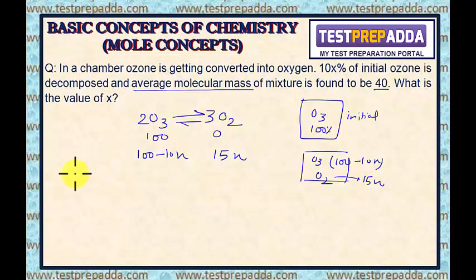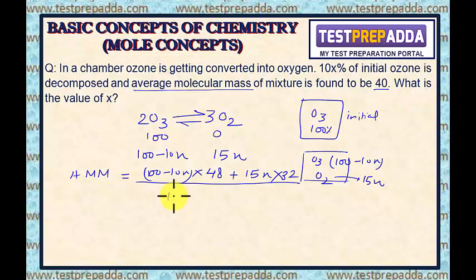If I use the formula of average molecular mass, it will be number of moles of ozone, that is 100 minus 10x, into molecular mass of ozone, that is 16 into 3, means 48, plus the number of moles of oxygen into molecular mass of oxygen, upon total number of moles, meaning 100 minus 10x plus 15x.